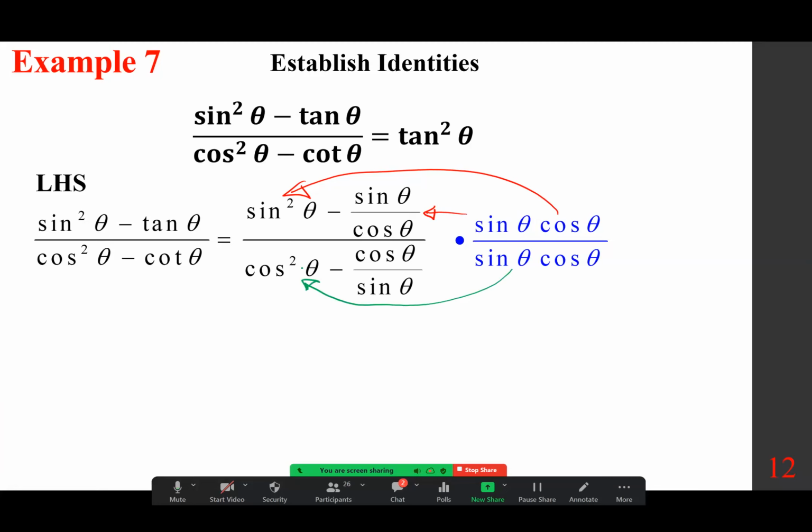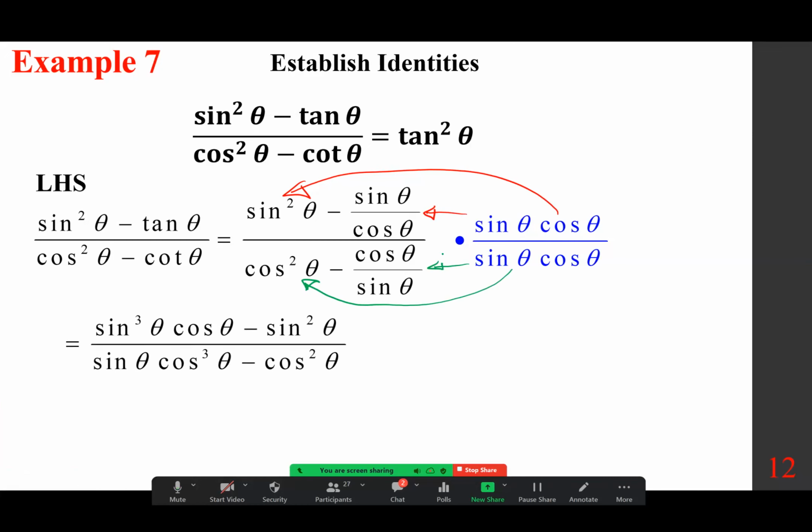You multiply these two, you get sine theta cosine cubed. And you multiply these two, sine goes away, you get minus cosine squared. So I hope nobody has any problem with complex fraction multiplications.